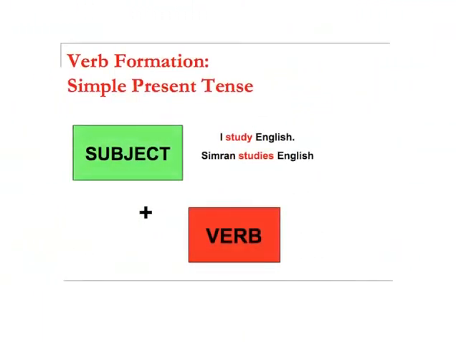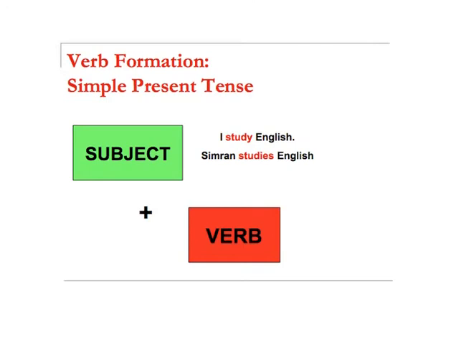Let's see the verb formation for a simple present tense. You have the subject, that is the center of attraction, what you're talking about. For example, we take the name of a girl, Simran. We are talking about Simran. Simran becomes your subject. Subject is followed by a verb, for example, an action that Simran does.